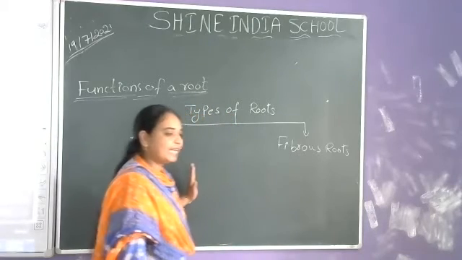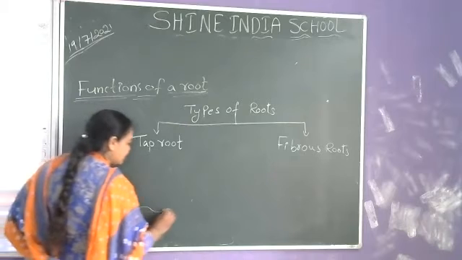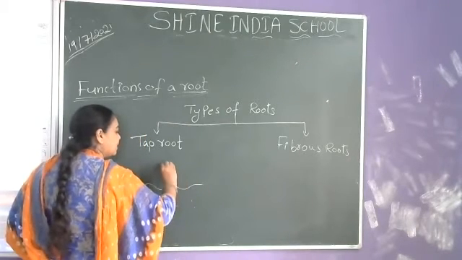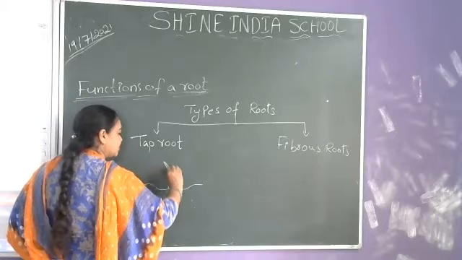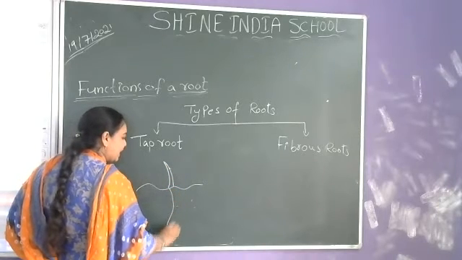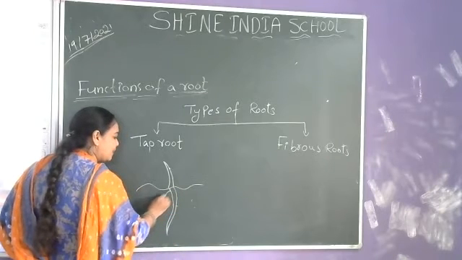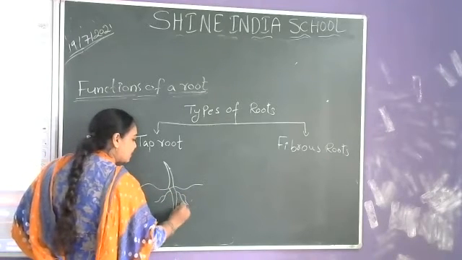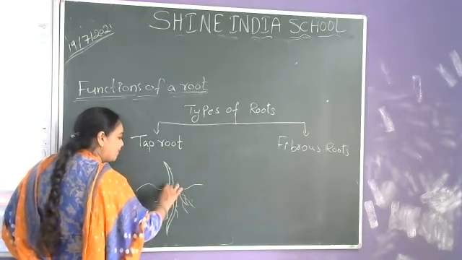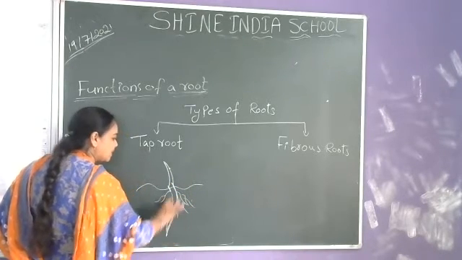So what is a taproot? From the plant only one main root arises, and from that main root a number of other roots arise. So from the stem only one main root is coming out.